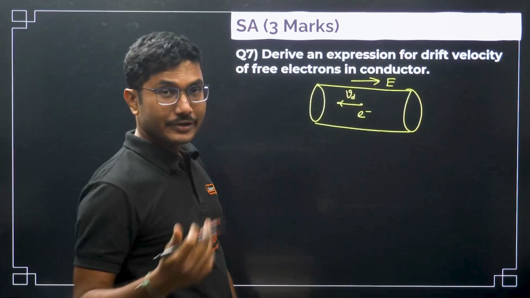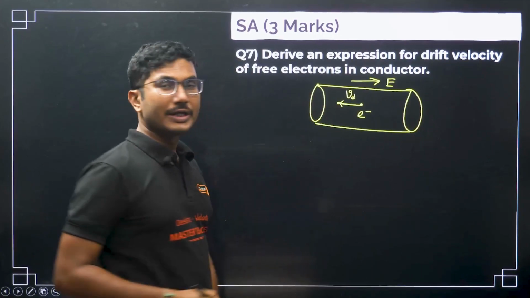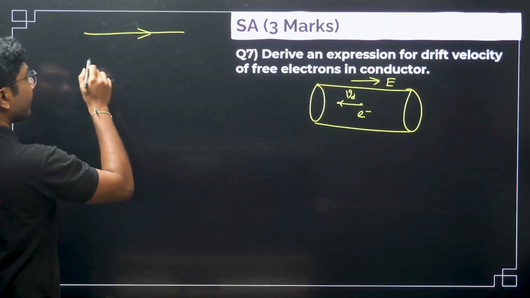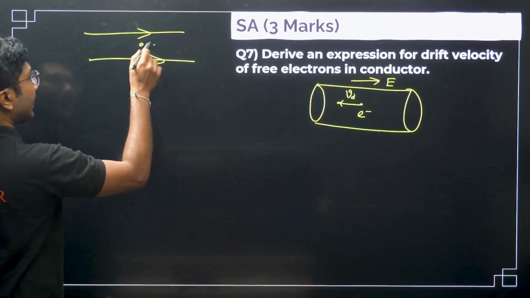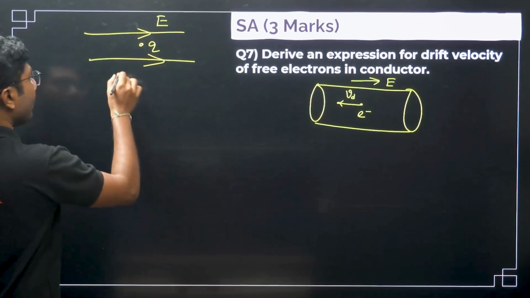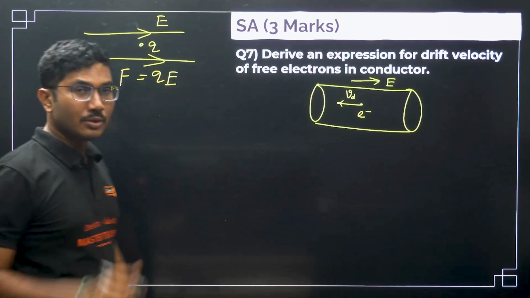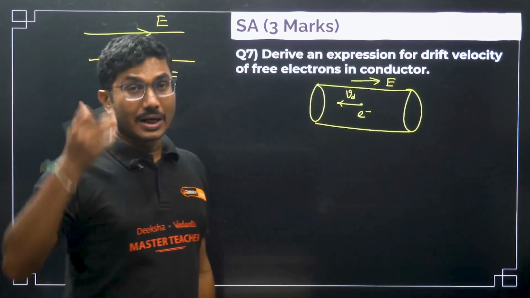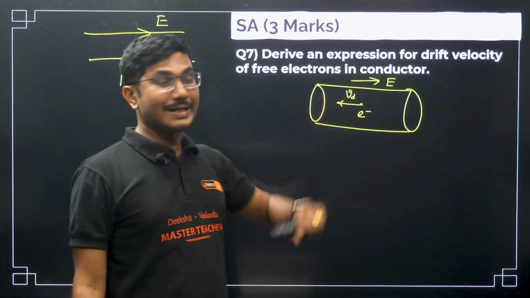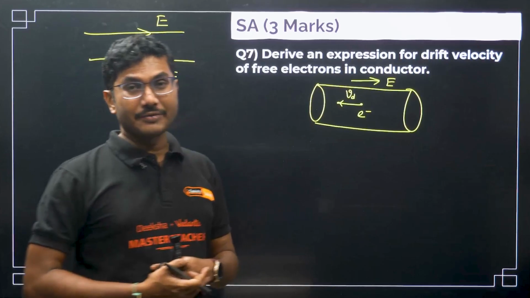How to do the derivation? Let's look into that. We know that if you keep a charge in an electric field, it will experience a force, right? Any charge kept in an electric field will experience a force. What is that force? In the first chapter we discussed that the force is given by q into E. So in this case, if you apply an external electric field E across the conductor, then only the electrons will drift, right?